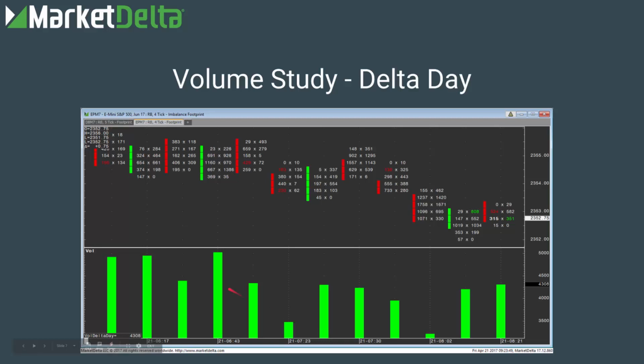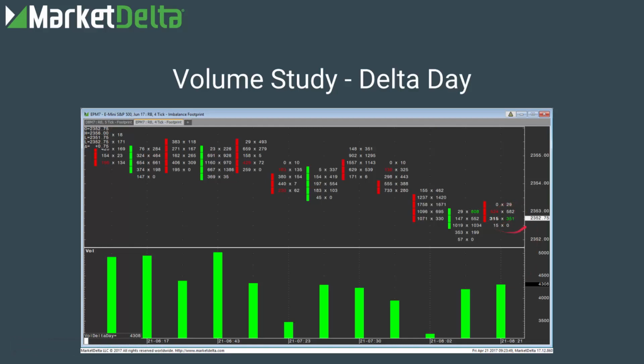So here, the delta was positive for the day, and it was a little more positive, and then the delta for this bar must have been negative because the cumulative delta dropped off. Then it came back. So it's just letting you see what that cumulative delta is.